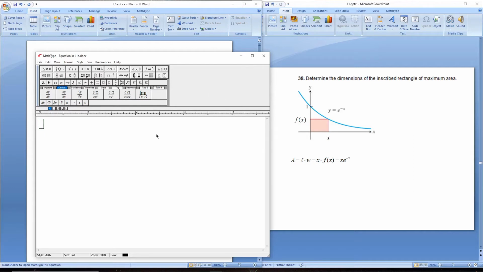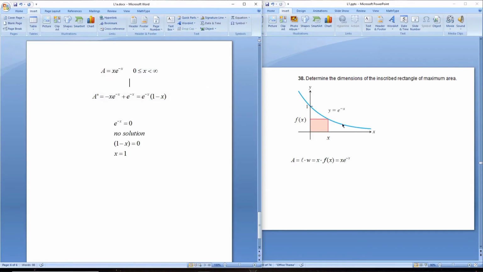So in other words, 0 is our bottom limit. And then theoretically, hypothetically, mathematically, we can let x go to infinity here. And that would be our domain here.